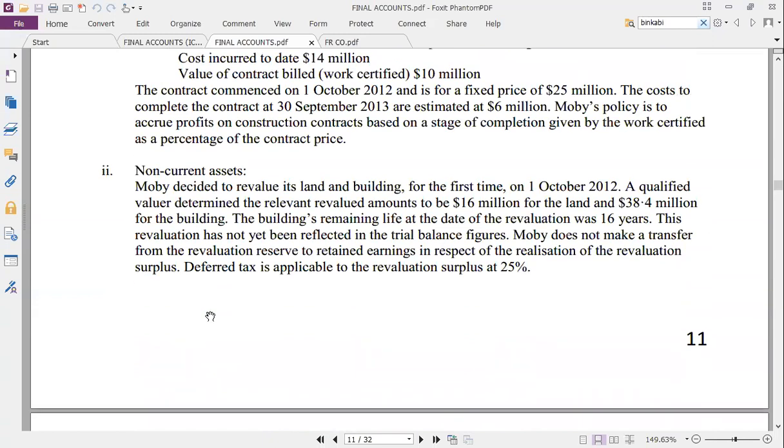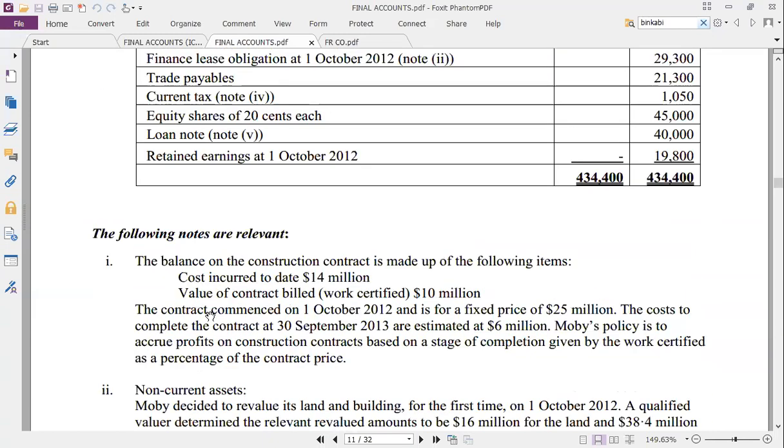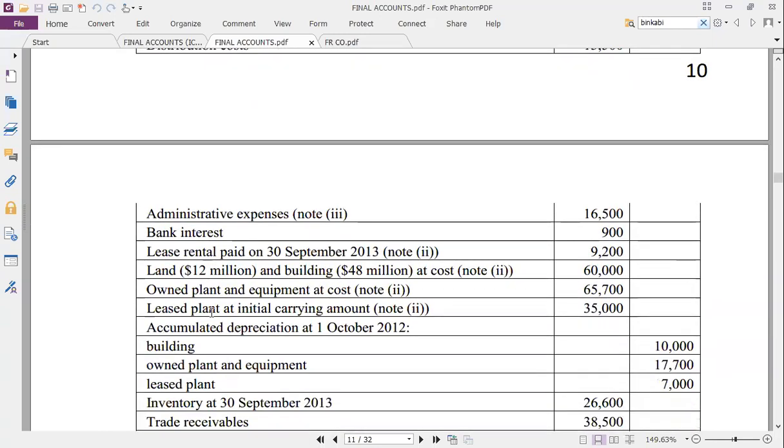Look at your trial balance. Look for the lease payment or the lease. So lease plant at initial carrying amount. Work out how they got this lease plant, this 35,000. And then the rental paid on 30 September, the 9,200 they paid is fine.